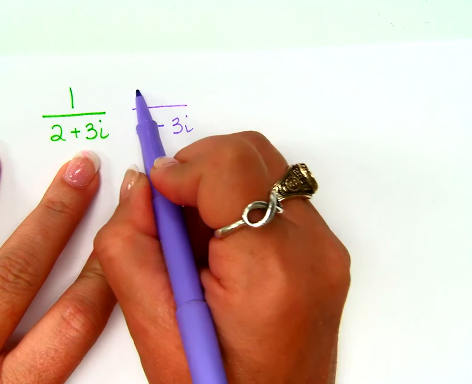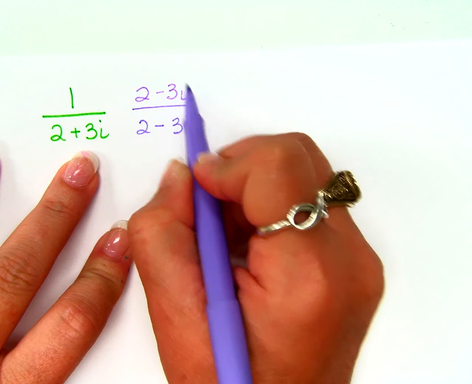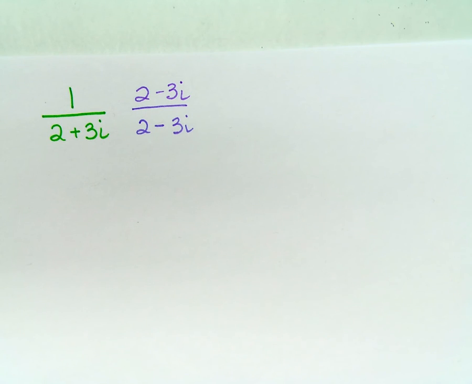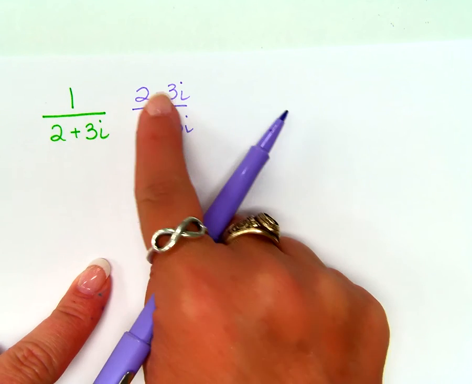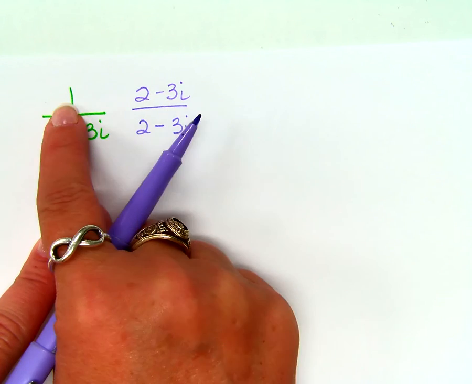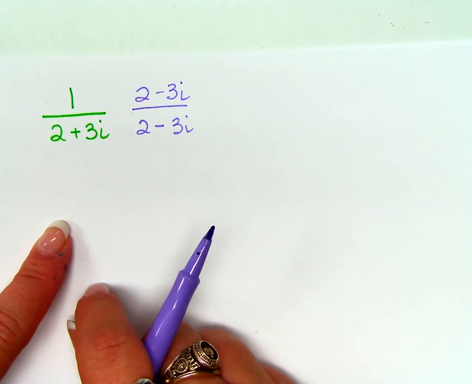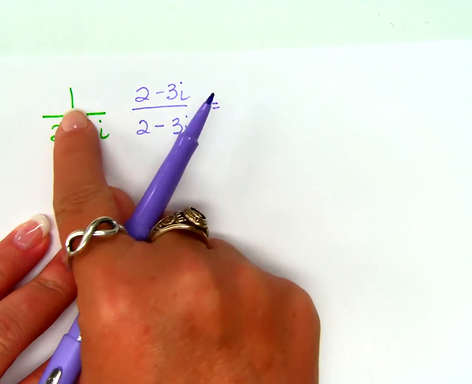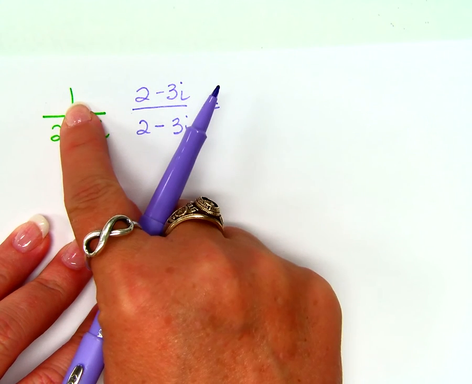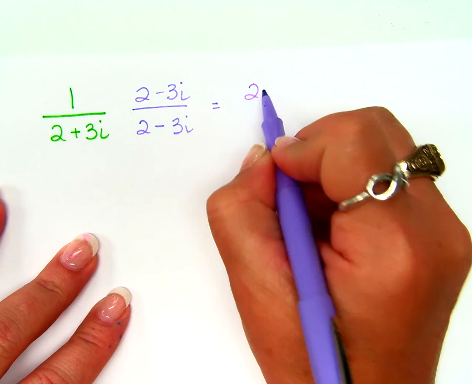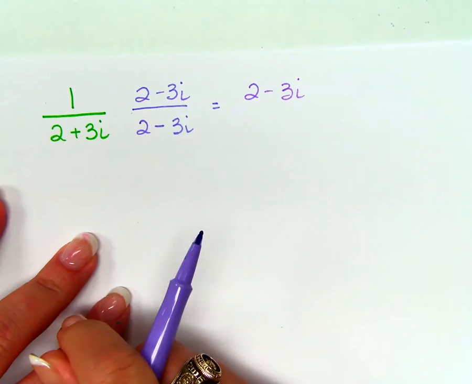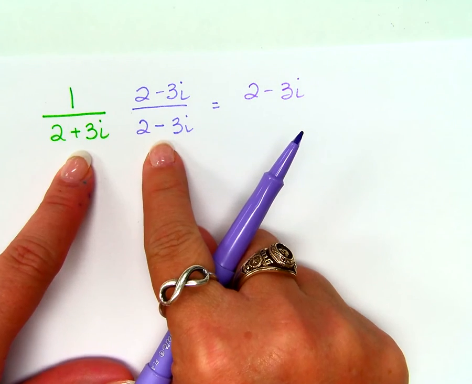I want to do this problem for you so that you can see why it's that value of 1. If we're multiplying this number by this value of 1, I multiply straight across the numerator, right? So in the numerator, what do I end up with? 1 times 2 minus 3i, which is 2 minus 3i. How would I multiply straight across the denominator?